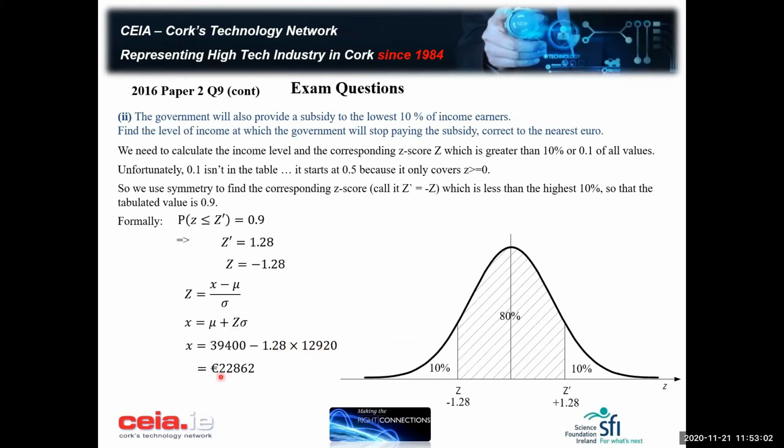So work that out and we get 22,862. So an x of 22,800 corresponds to a z of minus 1.28. In other words, it's 1.28 standard deviations below the average salary. Okay, and that's the level of income at which the threshold for paying the subsidy is. And I've rounded that off to the nearest euro as they asked.